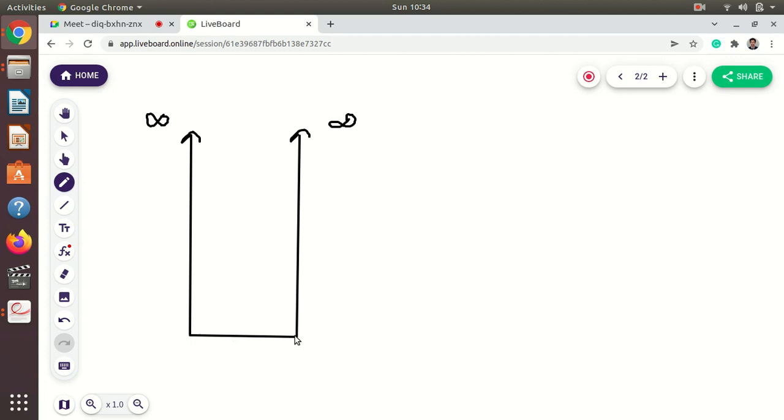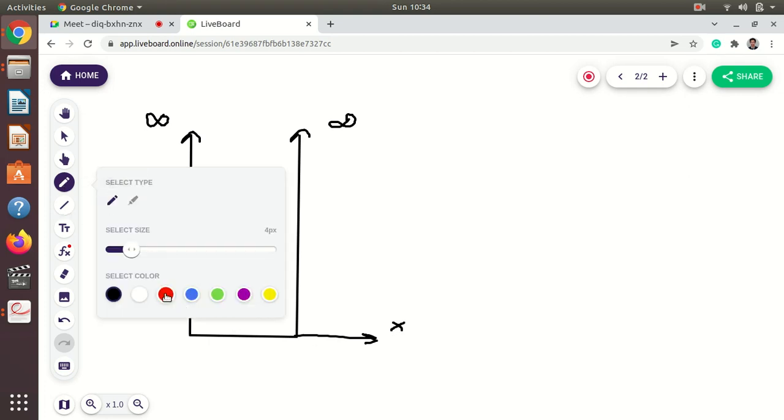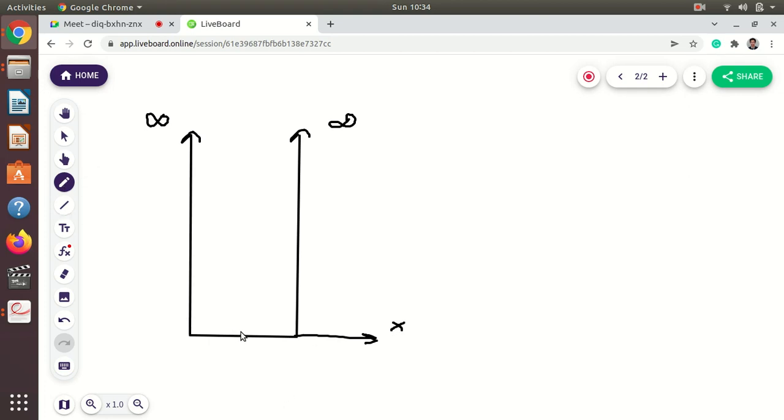As I told, this is the x axis or r axis, whatever you want to name it. I will write this with a different color so I can show you the distinction. In your book you can see there is an origin at the center of the well.